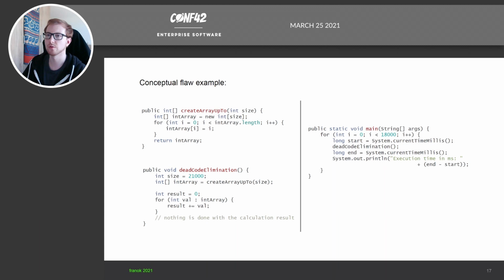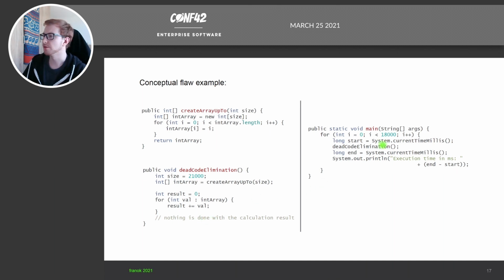Here is an example for a conceptual flaw. On the left-hand side, we have the method createArrayUp2 and the method deadCodeElimination, which will invoke the first method to create an array with the length of 21,000 containing values from 1 to 21,000. The array is then processed and all the values are accumulated into the result variable, but this variable is actually never returned, so the calculation result is not used at all.